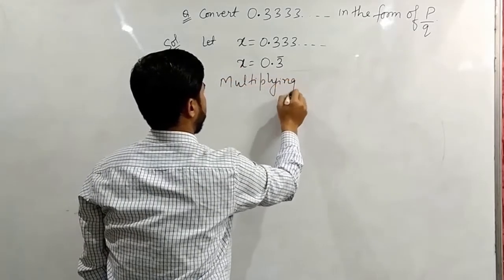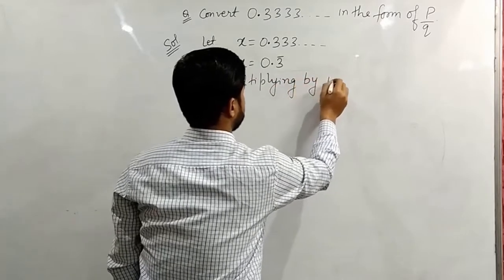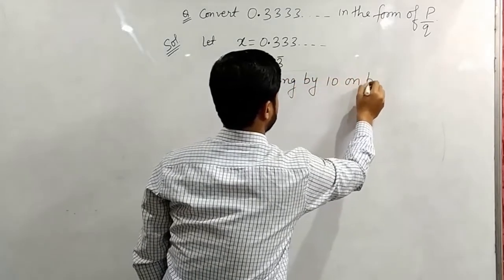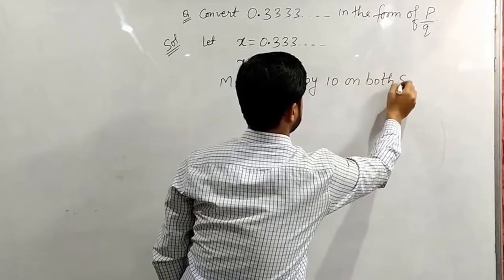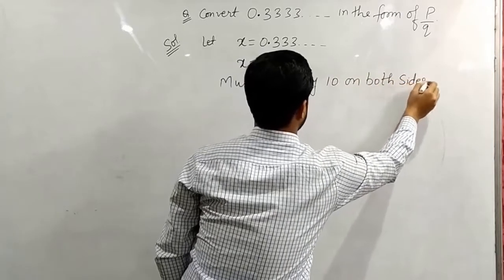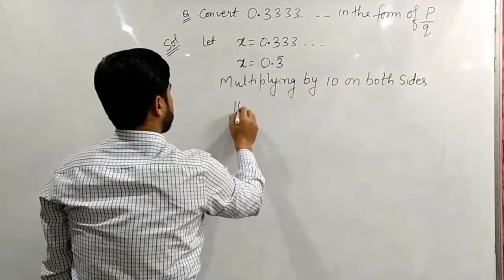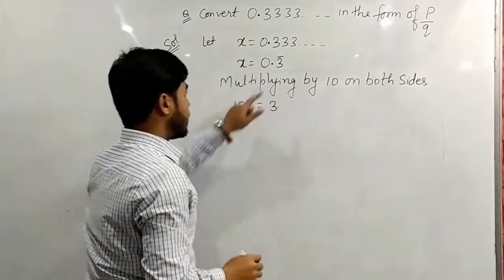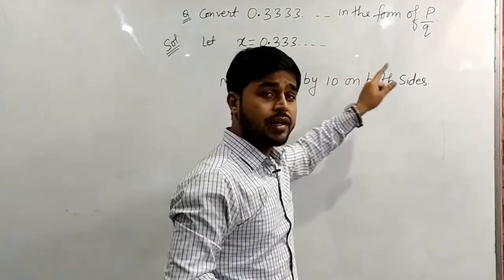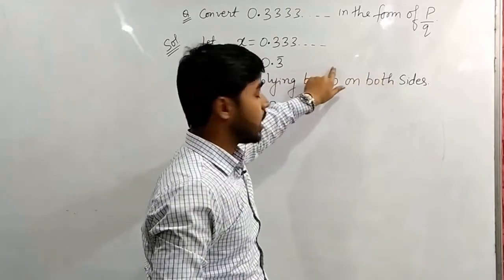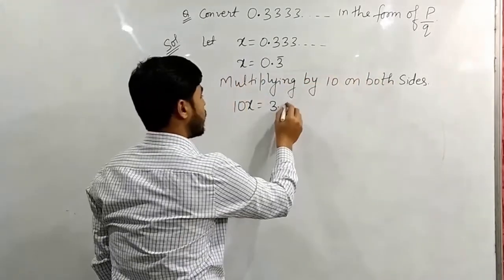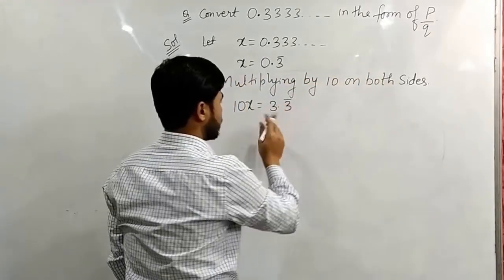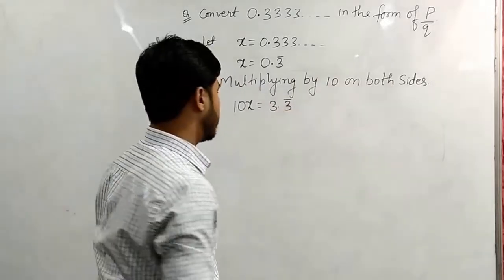Multiplying by 10 on both sides, I get 10x equal to 3.3 bar. Now as there are infinite numbers of 3 on the right side, there will be no deficiency of 3, so 3 will appear again here.